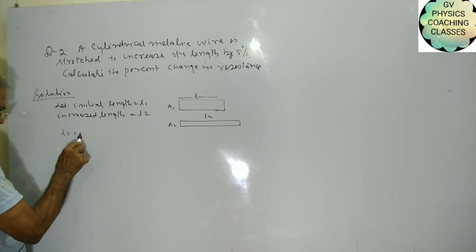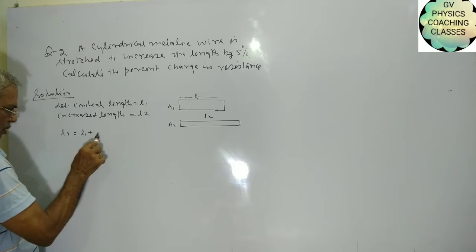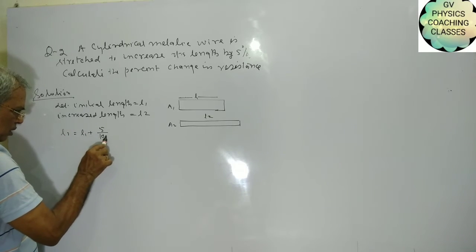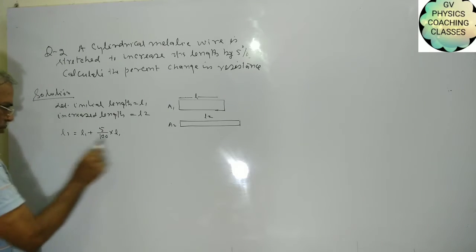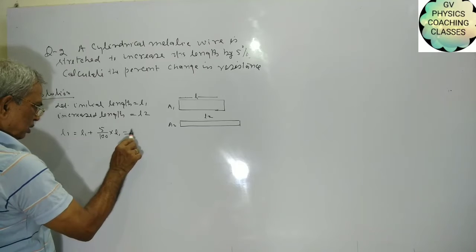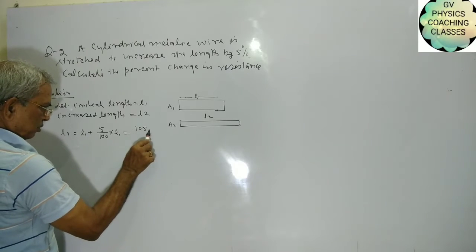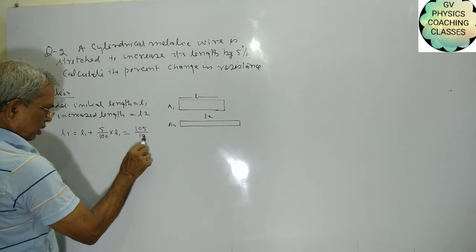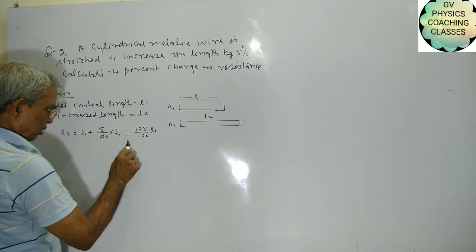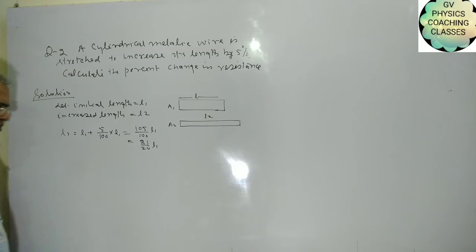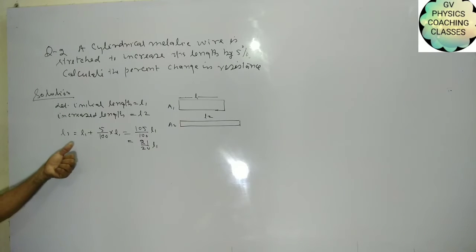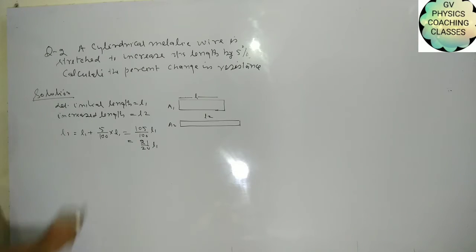Then L2 is equal to L1 plus 5% of L1. It becomes 105 upon 100 L1, or 21 upon 20 L1. This is L2.